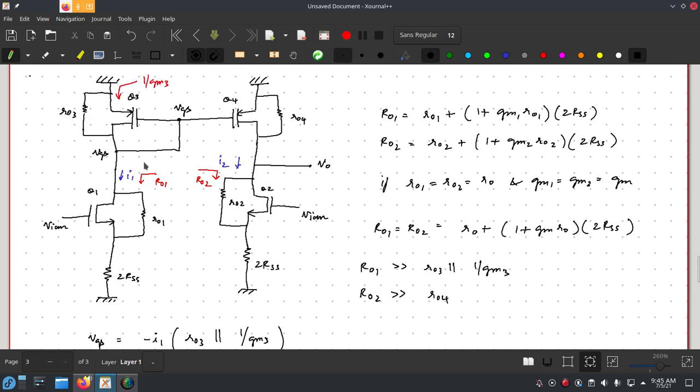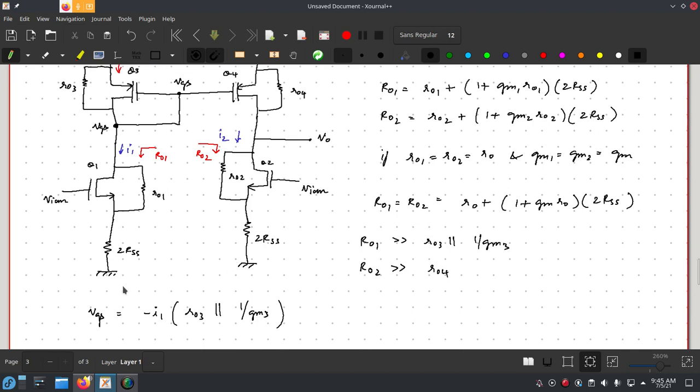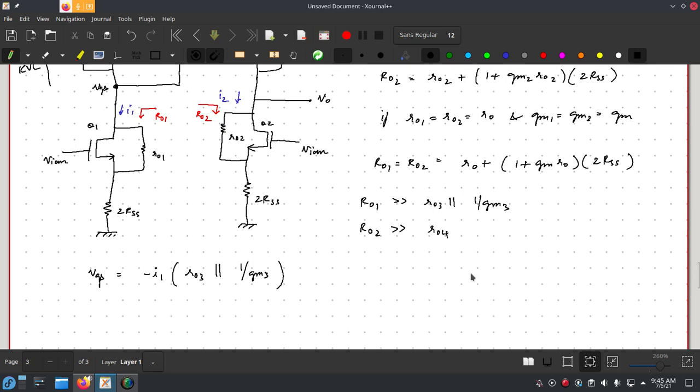If you apply KVL in this direction, in the upwards direction like this, I get VGS plus I1 into R naught 3 parallel 1 by Gm3, which is the same equation, and I4 as minus Gm4 into VGS3.